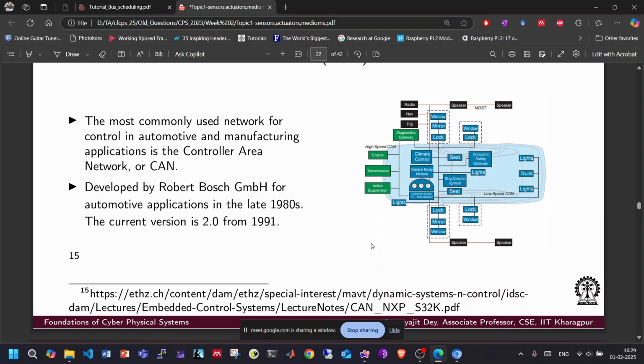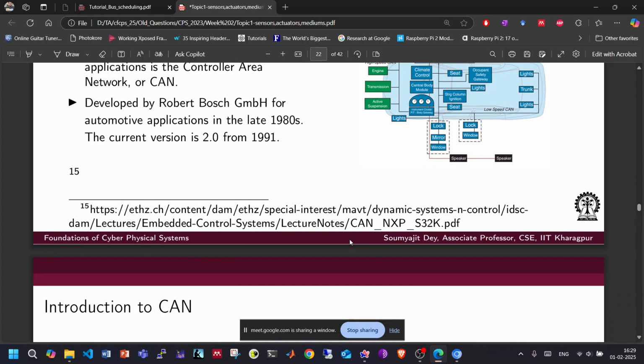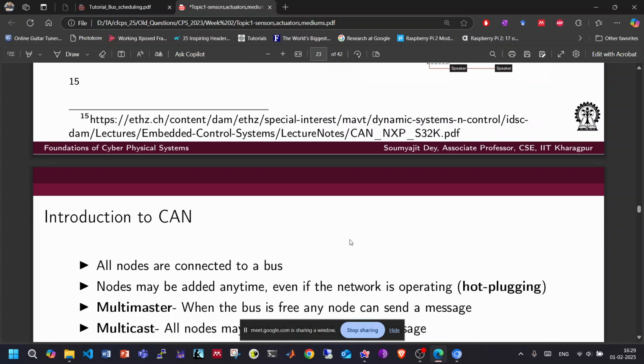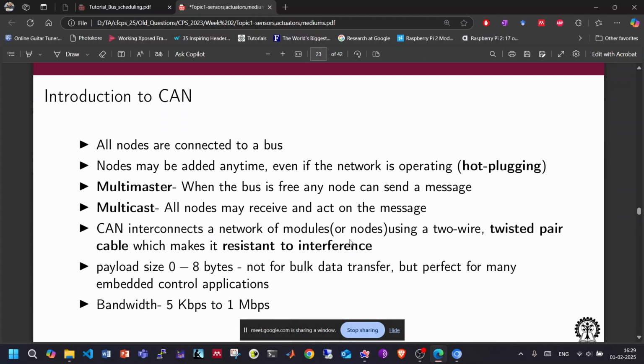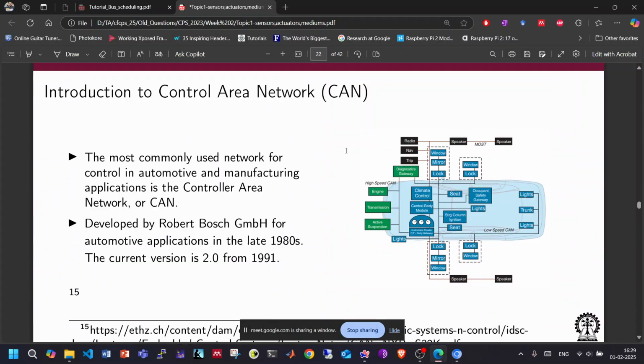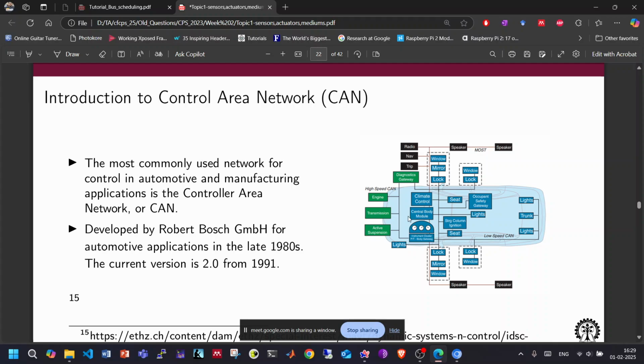Nowadays it is still being used, but there are certain changes being made, and why those changes are being made, we'll come to that. As we understand the protocol, we'll eventually understand what is happening and why. This follows a bus topology, as I was saying. Bus topology means there are different CAN buses where multiple CAN outputs connect.